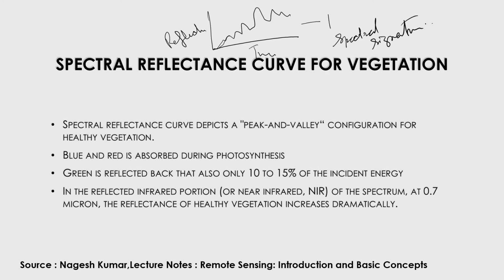Blue and red are absorbed during photosynthesis by the pigments, and that is why a leaf is green.